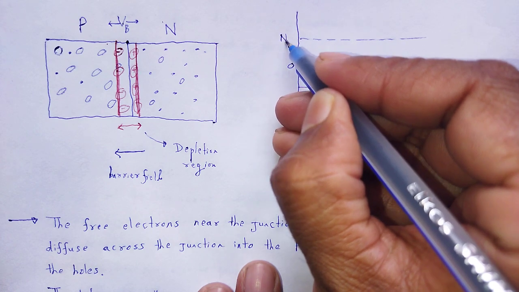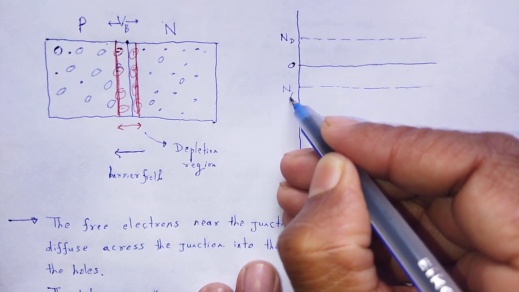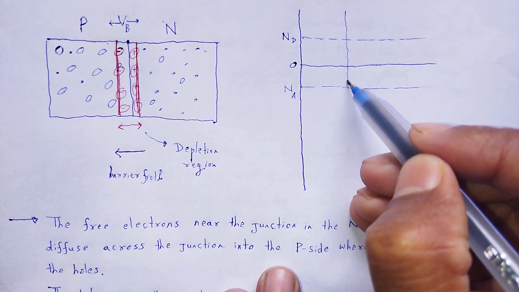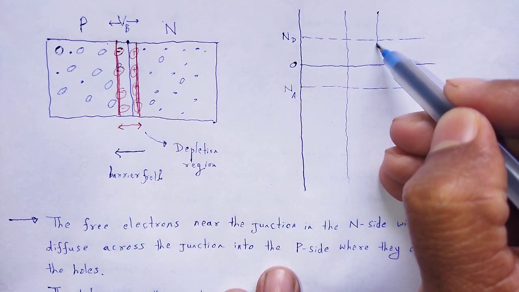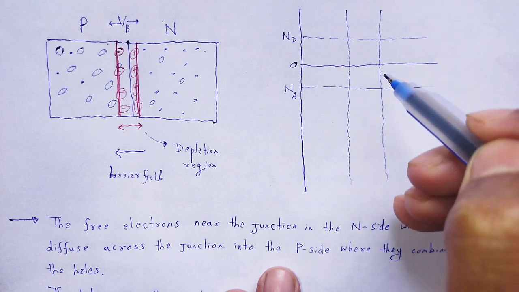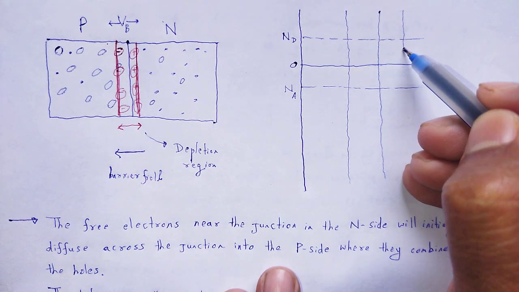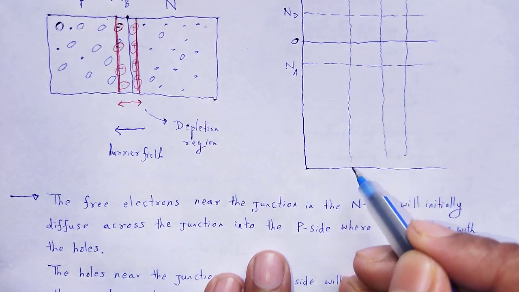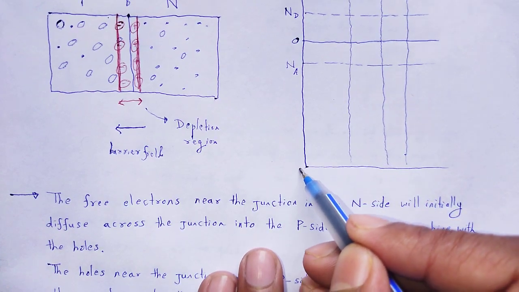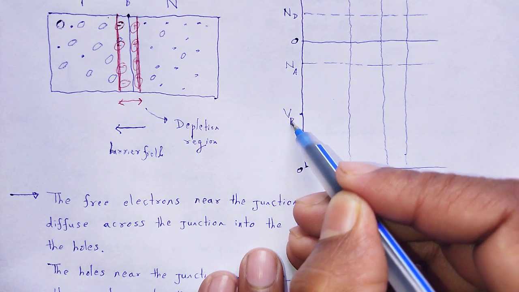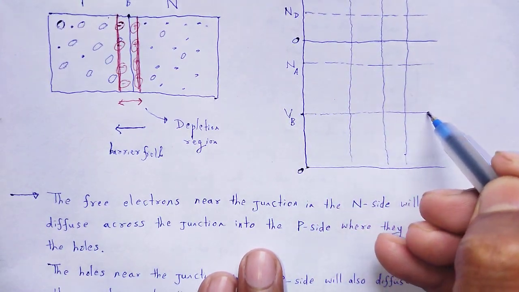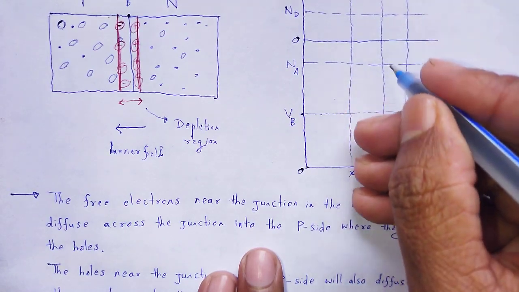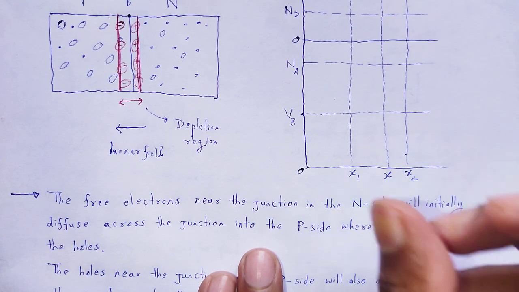Origin, the donor concentration, here is the acceptor concentration, again if I plot against the potential, the barrier potential, that be the distance as the depletion region, that is the PN junction X, depletion region X1 and X2.